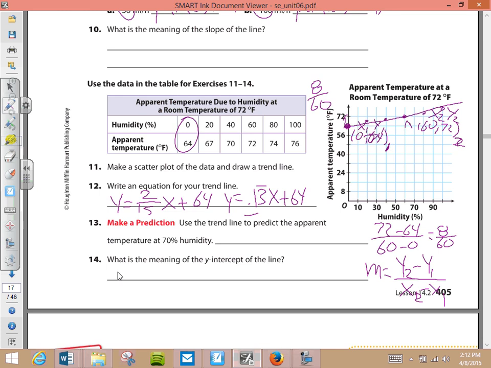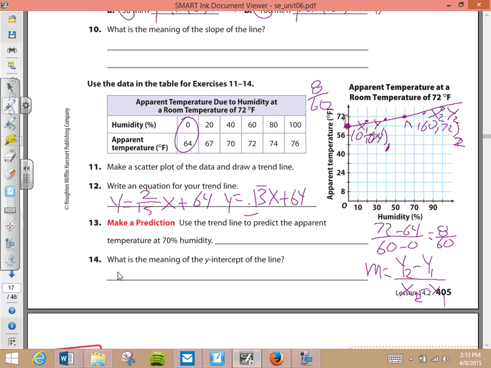Do we have any problems with this part? What is that we calculated? The slope.